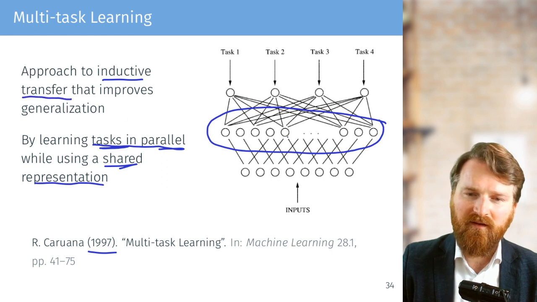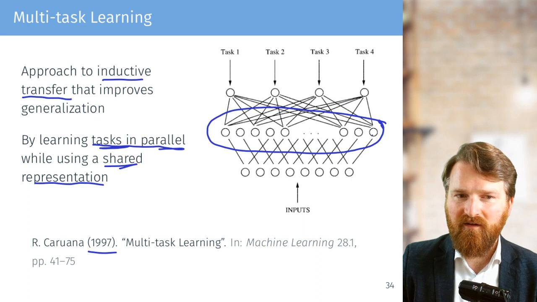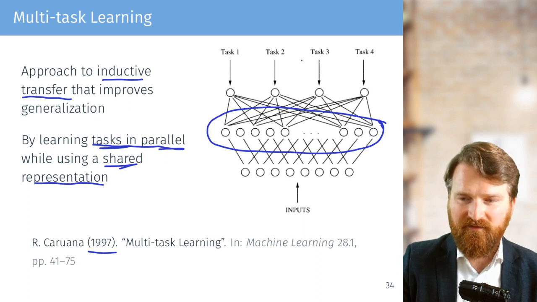So we'll learn something that each task can benefit from, and each backpropagation then again retrains these shared representations. So we learn something which is more general, and it should help each of these tasks.